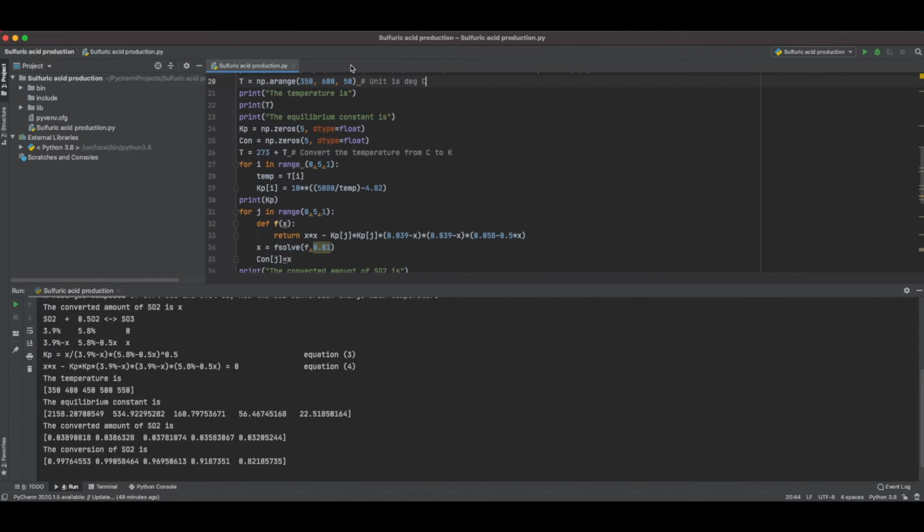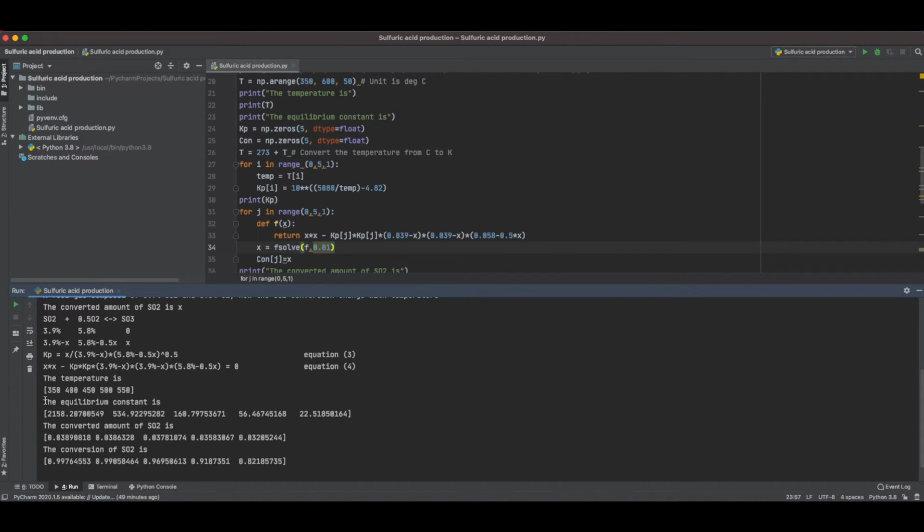The temperature difference between each set point is 50 degrees C. Once we have the temperature input, we can calculate the equilibrium constant for each given temperature. Once we know the equilibrium constant, we can use the fsolve function to calculate the converted amount X at a given temperature, and the result is shown here.